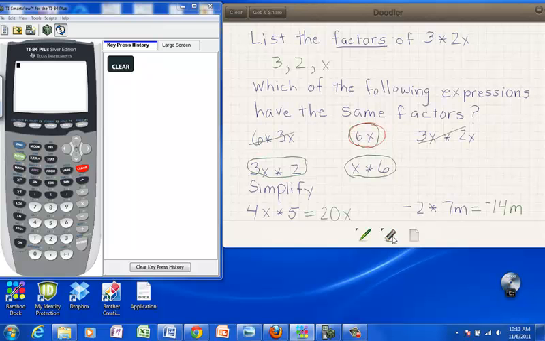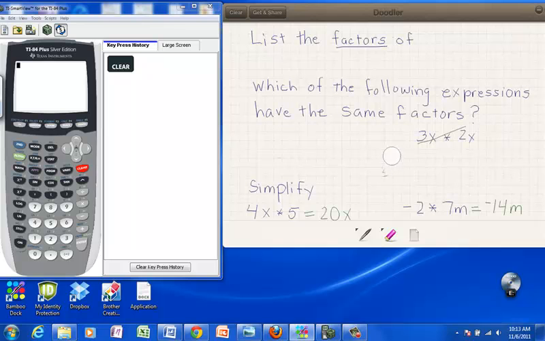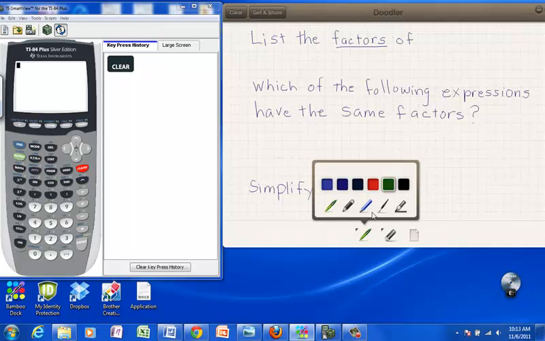Now I'm going to introduce us to another expression. So we'll get these out of here. I'll make this one just a little bit harder.